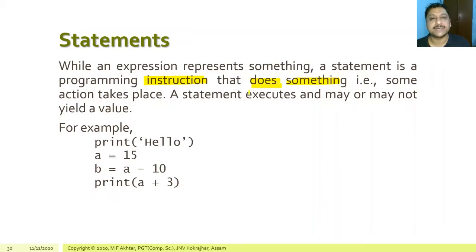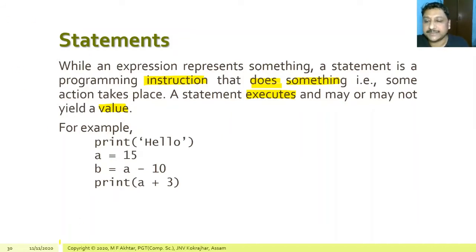A statement executes, it runs, and it may give you some value or not. Some statements may print or display messages. Some statements may calculate some value and give it. So many types of statements, messages and commands are there. Statements can also be set commands.